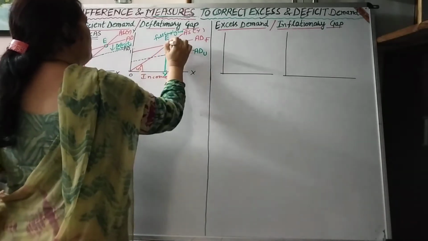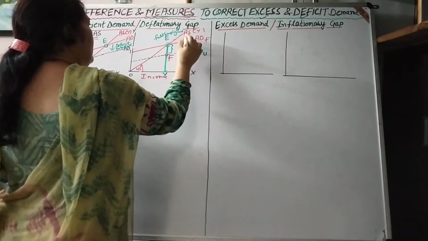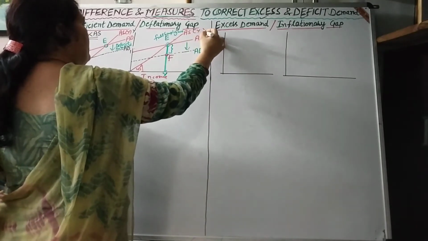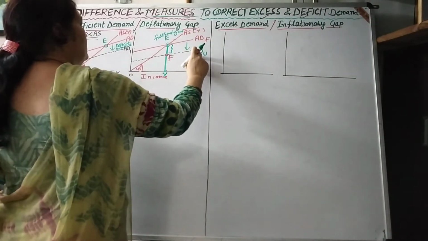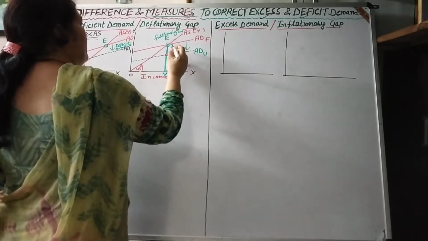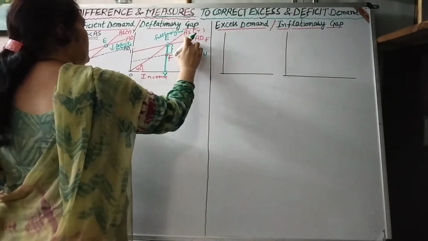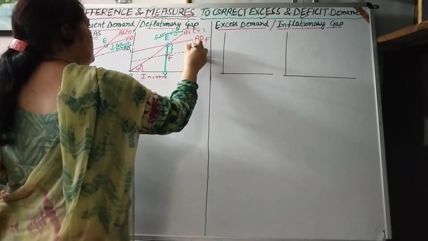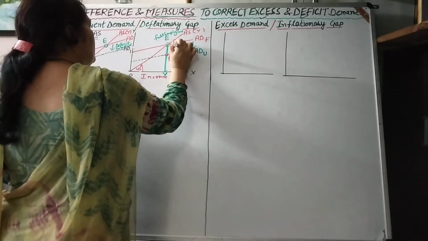and the difference between actual demand at underemployment and required demand for full employment, the gap between this represents deflationary gap.